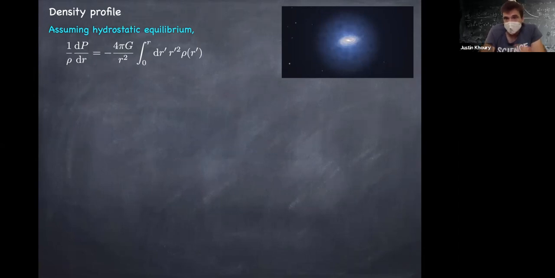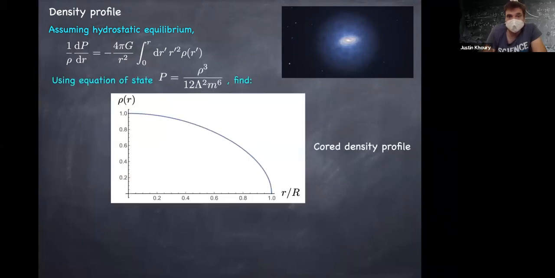As usual, you would equate the gradient of the pressure to the gravitational pull. You get an equation of this type, and if you substitute the equation of state for the particular superfluid of interest, where the pressure scales as density cubed, you find this sort of cored density profile shown here, where the density is smooth at the origin and then monotonically decreases until the size R.